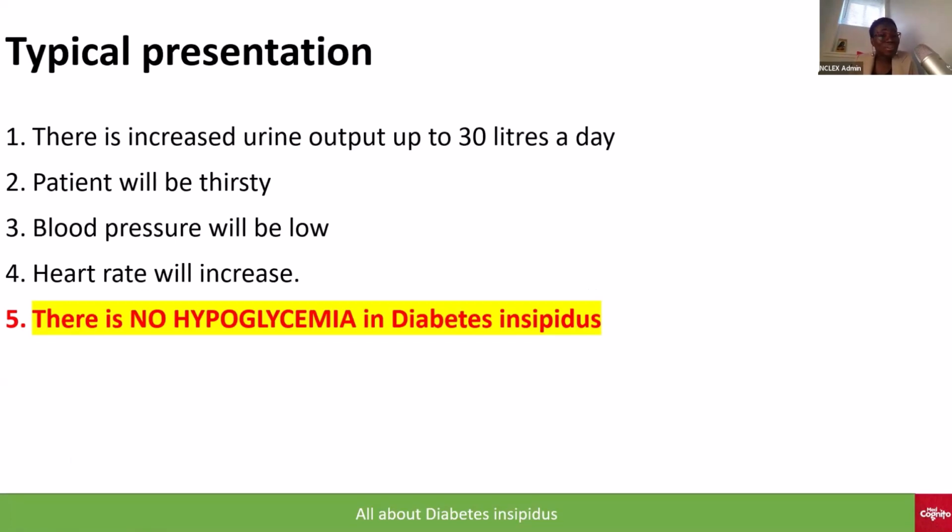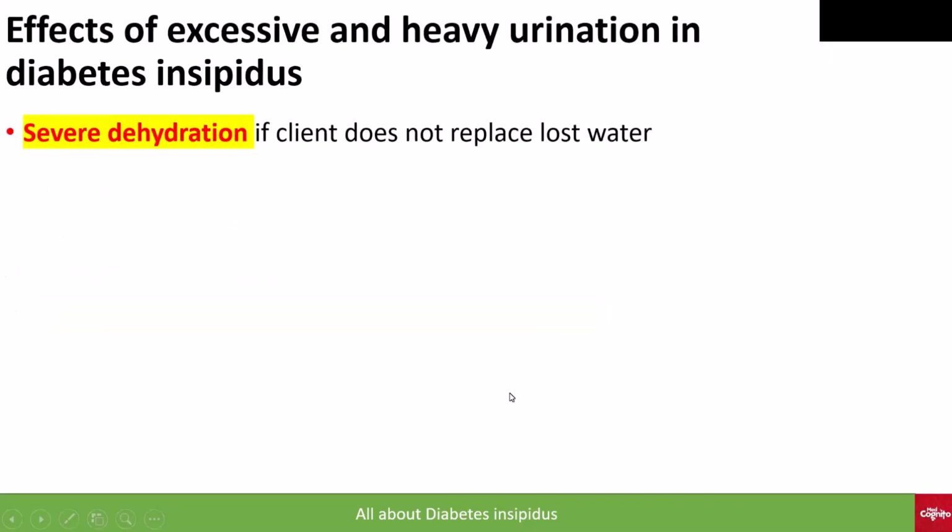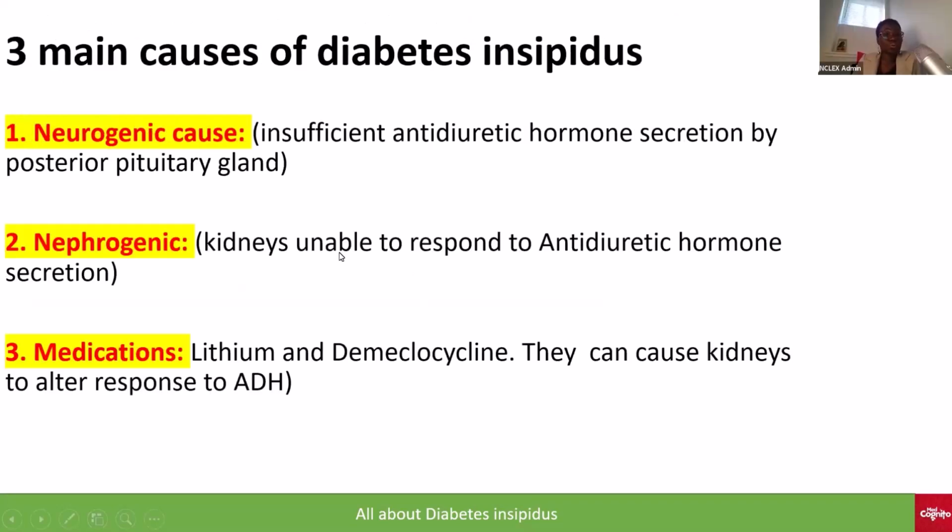And decreased intravascular volume will lead to blood pressure being low. And then the body, in compensating for that, the heart rate will increase. So do not let the word diabetes confuse you. There is no hyperglycemia in diabetes insipidus. Dehydration should always be on top of the effects that a client with diabetes insipidus would have.